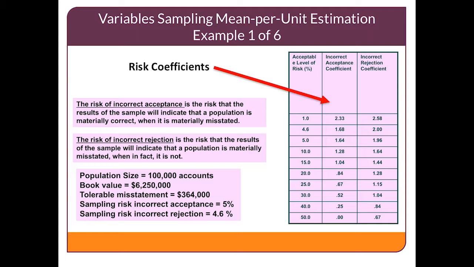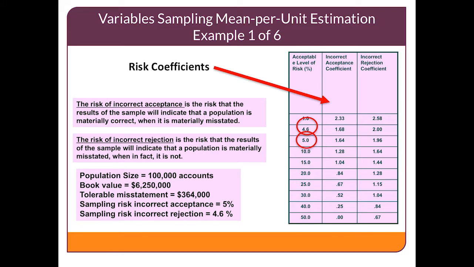To compute the allowance for sampling risk and sampling size, we will need to know the risk coefficient for sampling risk for incorrect acceptance of 5% and incorrect rejection of 4.6%.